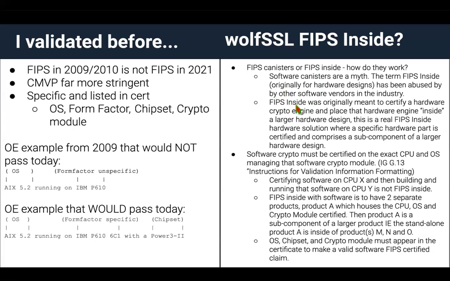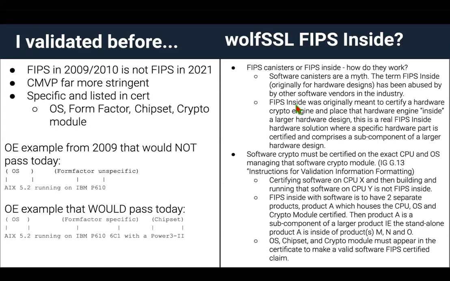This question also comes up quite a bit. We hear about FIPS canisters and FIPS Inside. So our understanding of FIPS Inside was that this was originally something targeted for hardware vendors. Let's say you had a motherboard and an isolated chip that was doing something, and that isolated chip could run on 10 different motherboard flavors offered by your company.